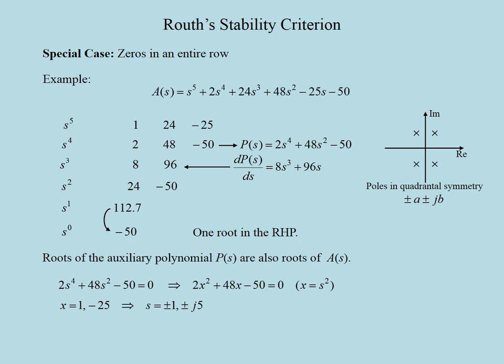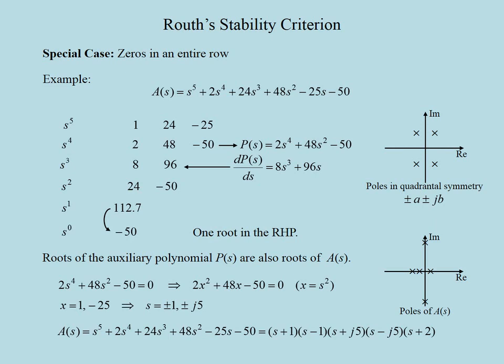Therefore, the roots of the auxiliary polynomial are at plus and minus 1, plus and minus j5. Having found 4 roots of a of s, the last one can be determined by polynomial division. And this root turns out to be minus 2. So we have 5 roots of a of s, 4 of which are in quadrantal symmetry, 1 root in the right half plane, and 2 roots on the imaginary axis.